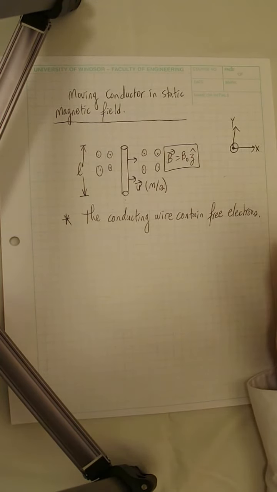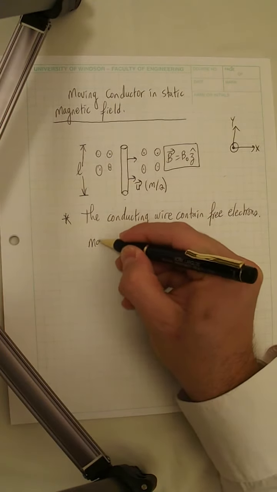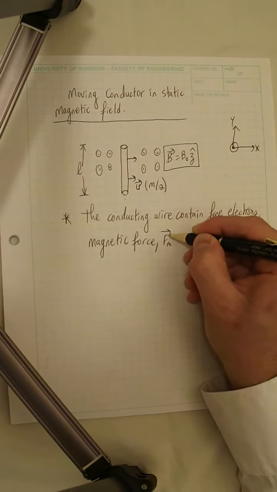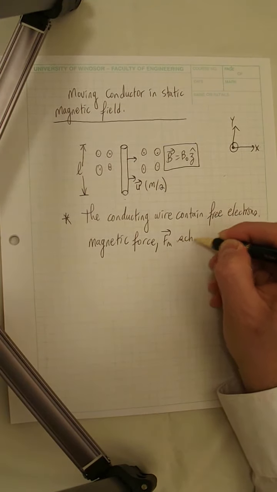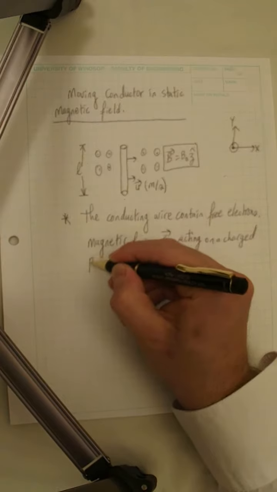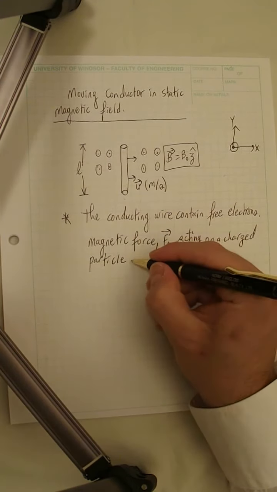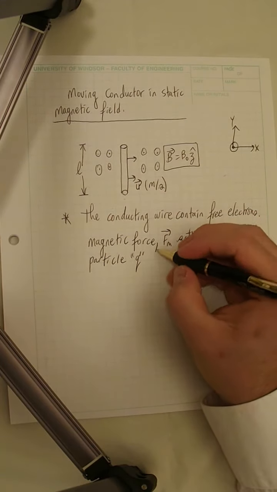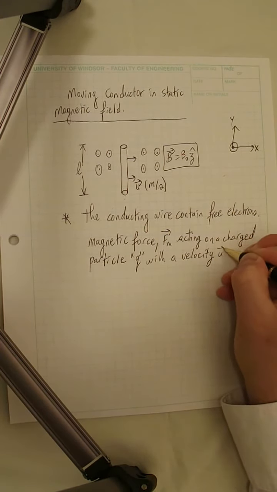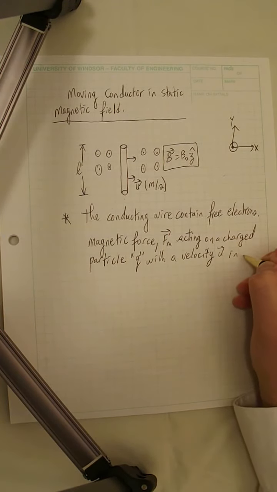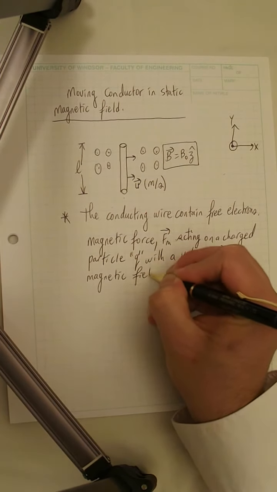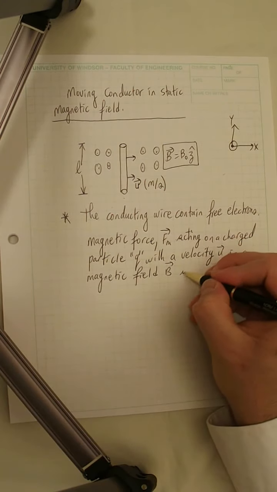We know that the magnetic force Fm acting on a charged particle Q with a velocity vector u in a magnetic field B is as follows.